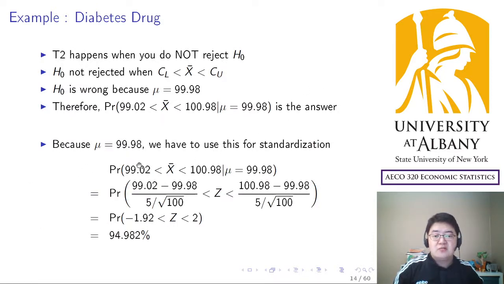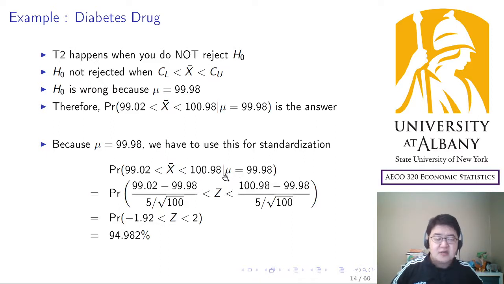Okay, then the algebra is almost always the same. We have been doing the same algebra from chapter 6, so now you can do it easily, I believe. But also note that standardization uses the number we assumed as the mean.